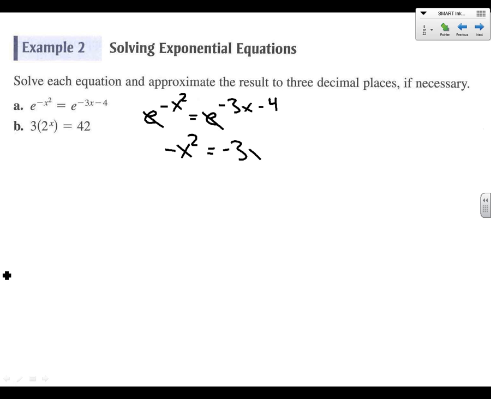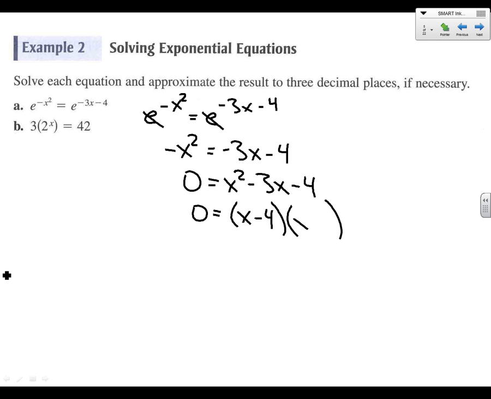Negative x squared equals negative 3x minus 4. I'm going to bring the 0 over to the other side and make it positive. From here, we'll factor. What multiplies to 4 and adds to negative 3 should be negative 4 and positive 1, which means x either equals 4 or negative 1.